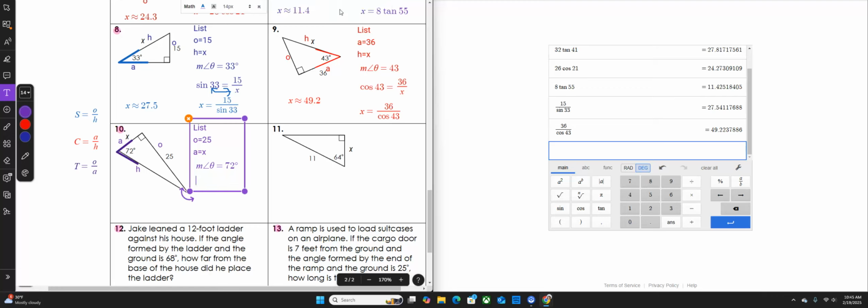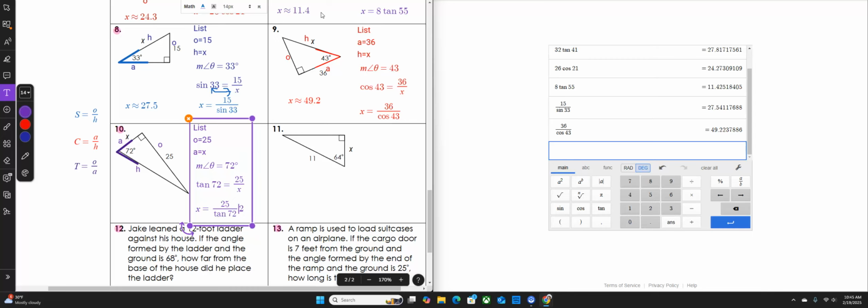So I'm going to go ahead and set this up as tangent of a 72-degree angle is equal to 25 over x. And again, like he said in the video, when x is down below, the x and the angle will switch. Sorry about that.